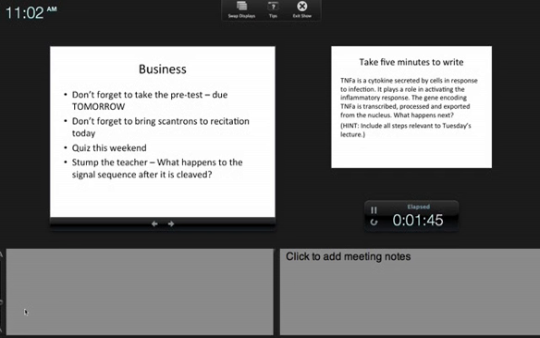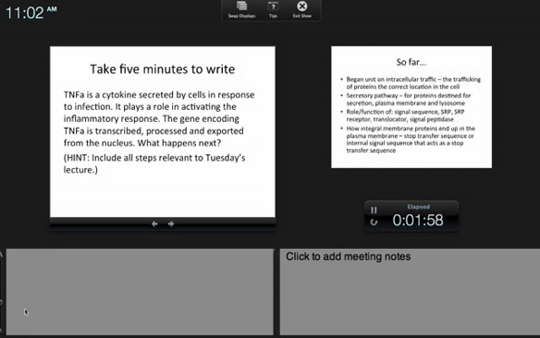Questions on that? What it meant, what we're talking about, where we are? Okay, so we're going to take 5 minutes to write. This is our first question that's going to kind of look like an exam question, so hopefully this will be really helpful for people. TNF-alpha is a cytokine secreted by cells in response to infection.